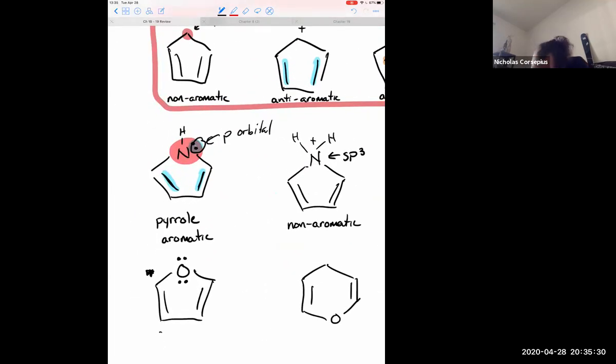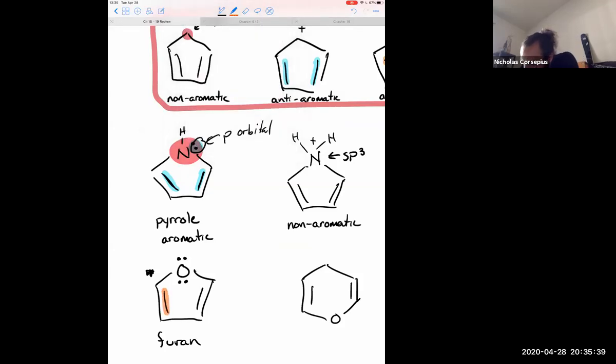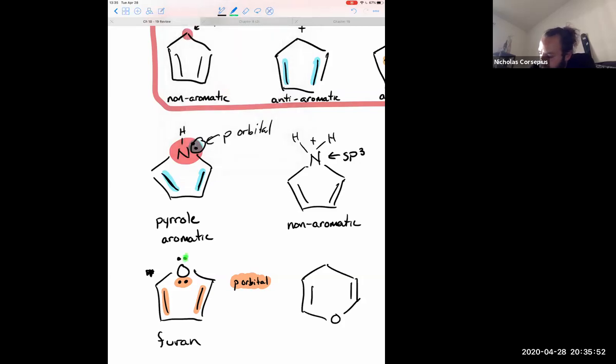When we go down here to furan, you actually have one pair of electrons, right? So we have this pair of p electrons, this pair of p electrons. These guys are all in p orbitals. But that means that this pair of electrons is not.